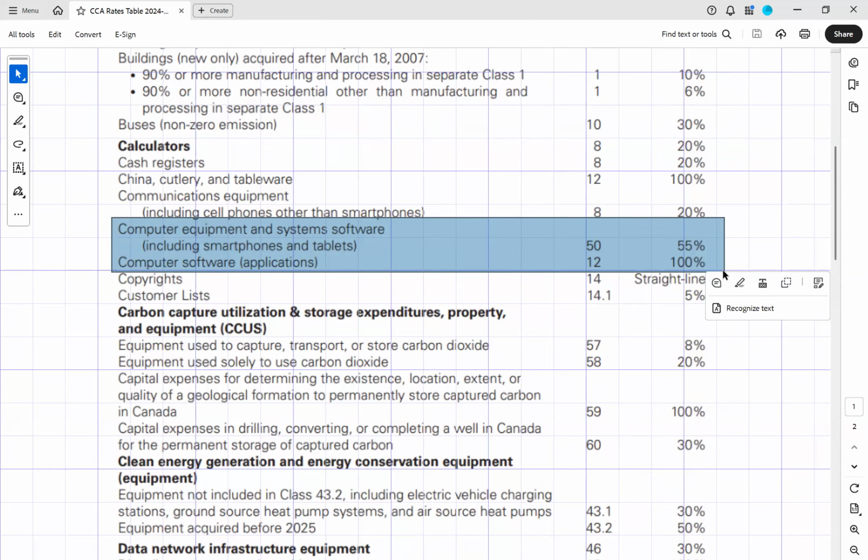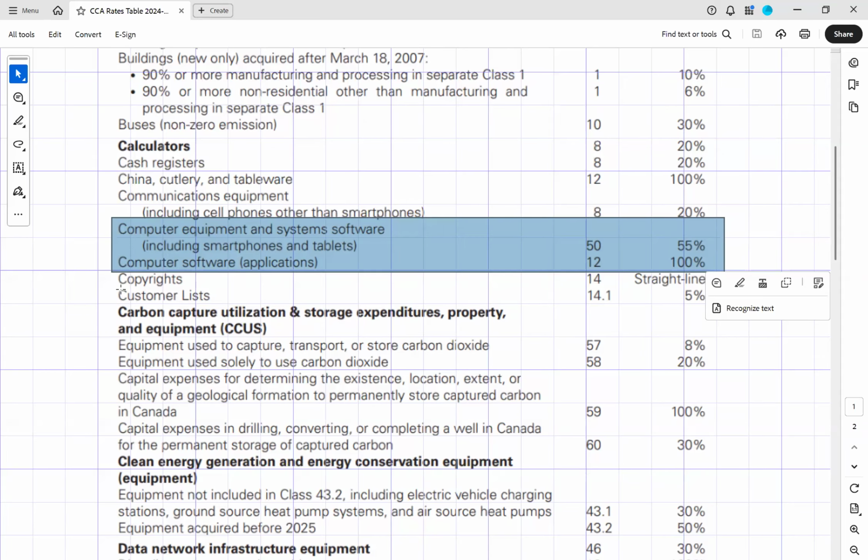So computer hardware, the computer equipment, would go into class 50. System software is basically like an operating system. If your operating system is Windows, then you would add that to class 50 as well. Application software is sort of like Word, Excel, QuickBooks. Those software would go into class 12, and class 12 is 100%. And then we also have the client list.